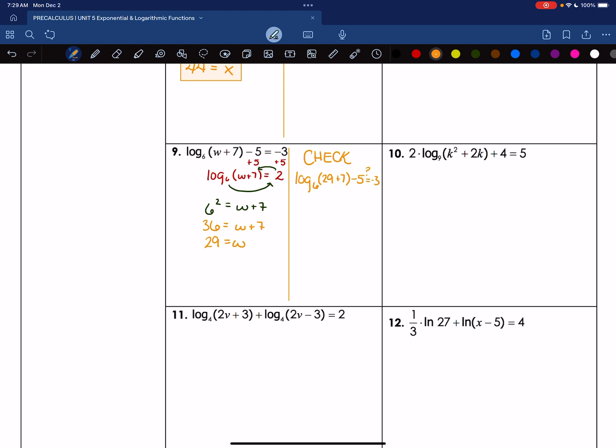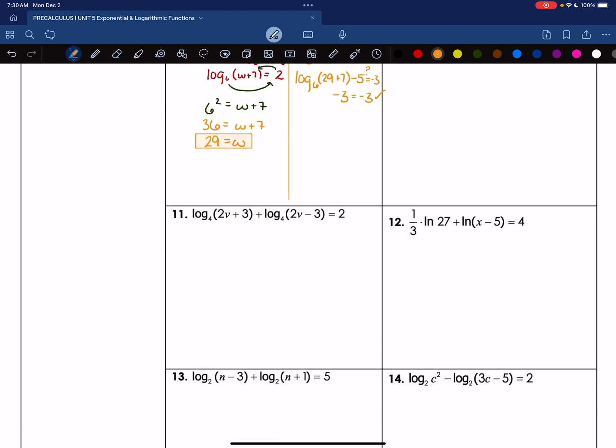Does that happen when you take this entire side here? It sure does. So that means that 29 is, in fact, my solution.